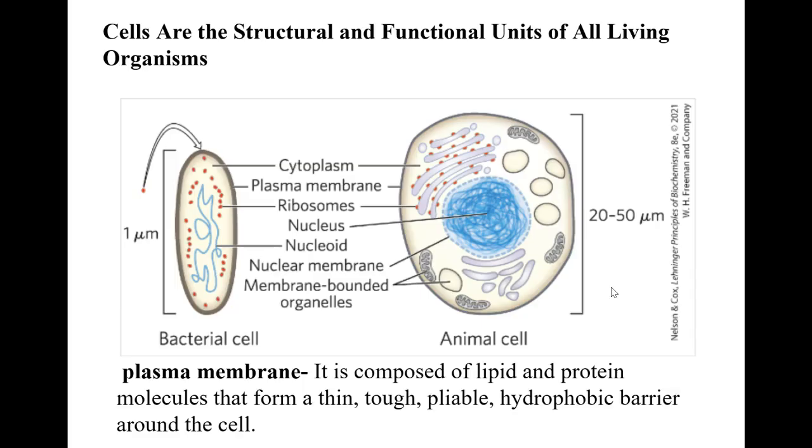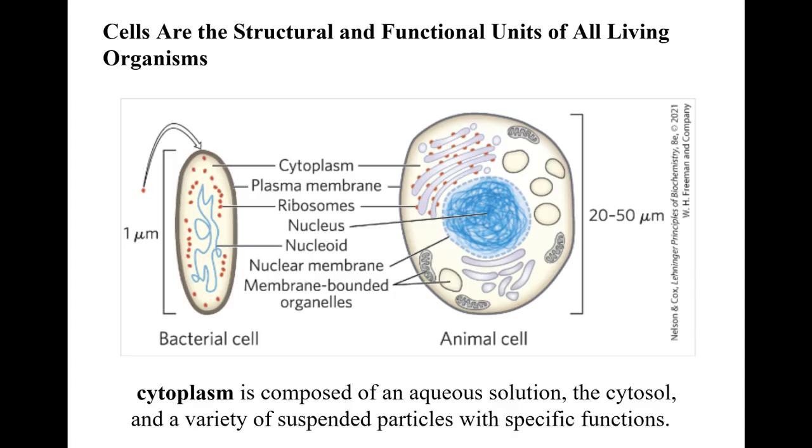And so the first aspect that we're going to be looking at is the plasma membrane, which is on the outside of the cells for both the bacteria cell and the animal cell, and they are composed of lipids and protein that form a thin, tough, pliable, hydrophobic barrier around the cell.